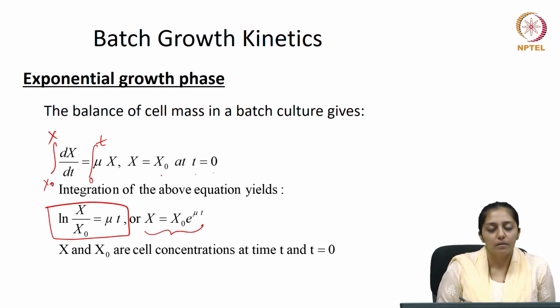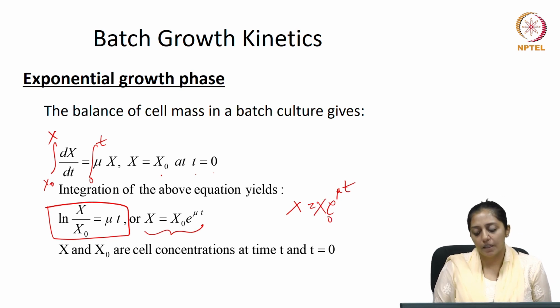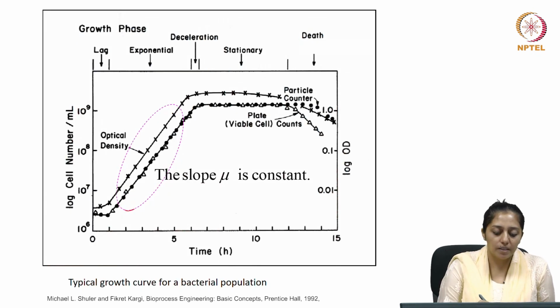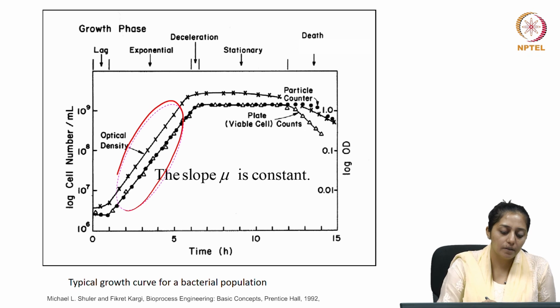Further changing into exponential form, your x becomes an exponential function of time multiplied by the initial concentration. So, this is how in batch growth your biomass concentration will be changing with time if the specific growth rate of the culture is mu. Now, you can see the dotted curve.